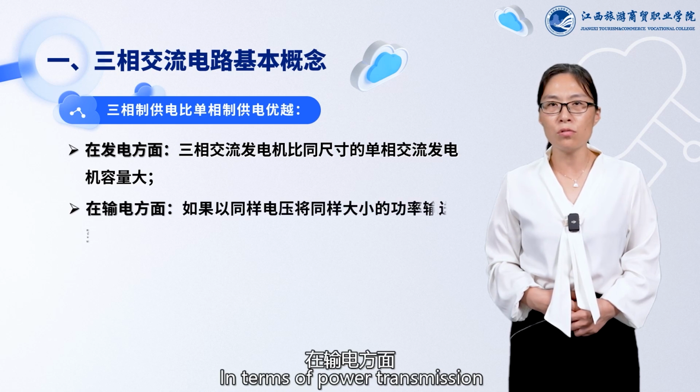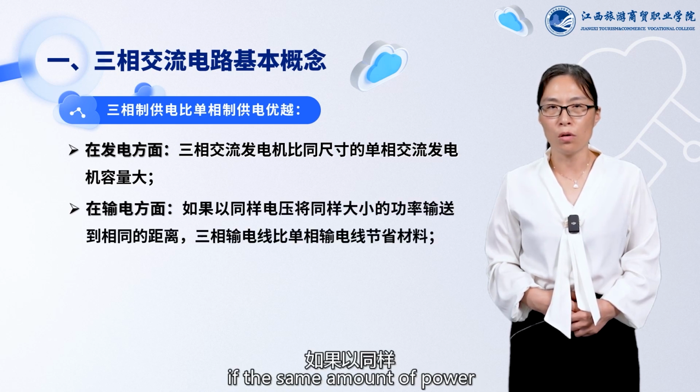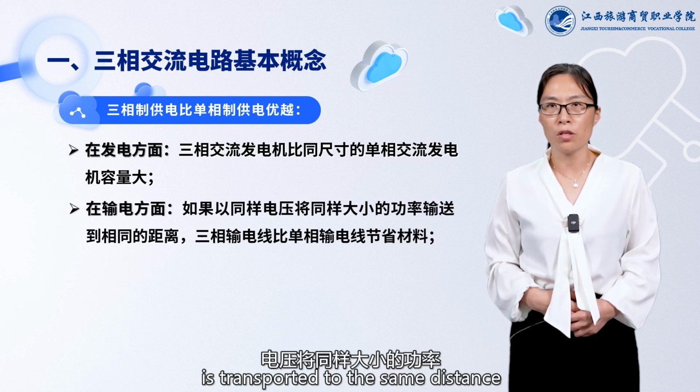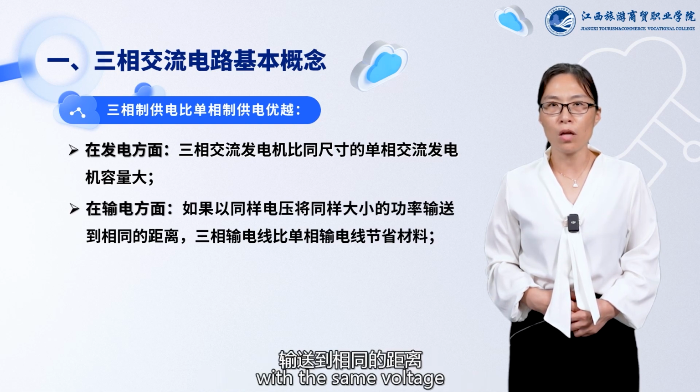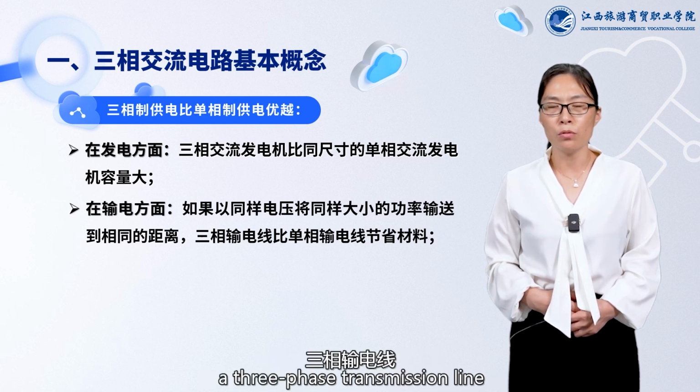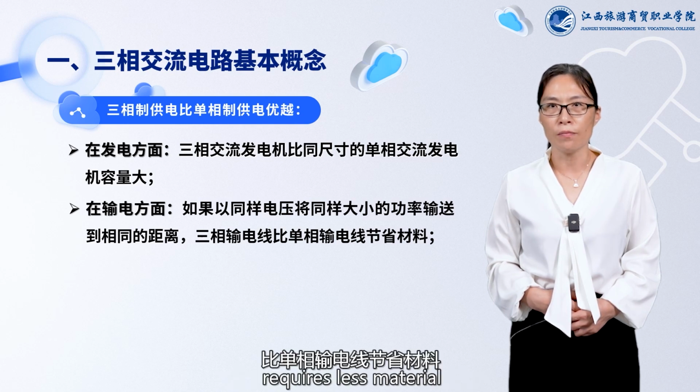In terms of power transmission, if the same amount of power is transported the same distance with the same voltage, a three-phase transmission line requires less material than a single-phase power line.